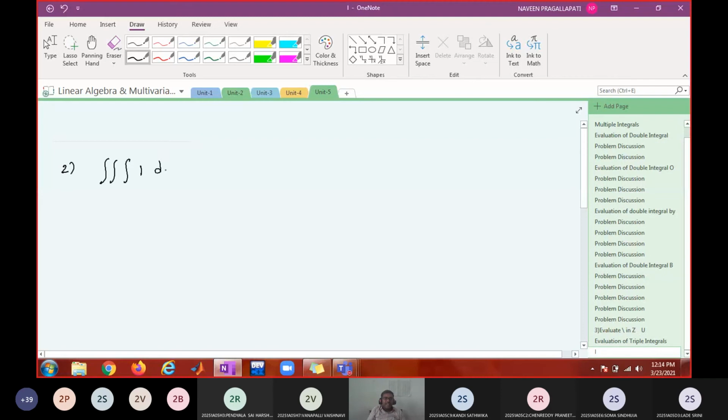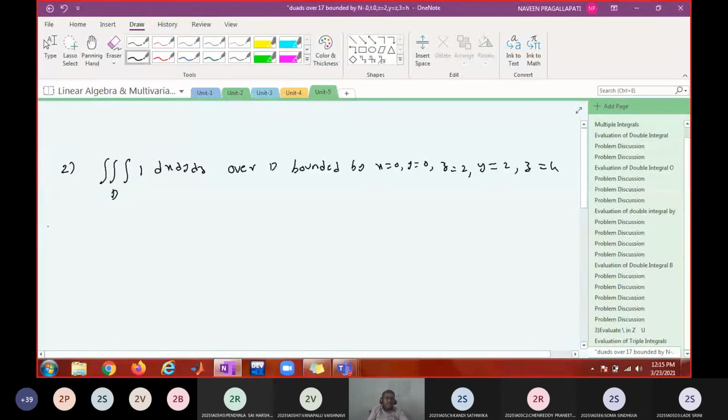Suppose it is like this, dx dy dz over D bounded by the same planes: x equal to 0, y equal to 0, z equal to 2, y equal to 2, z equal to 4. In that case, what answer will you get? The integrand is 1, dx dy dz. X varies from 0 to 2, y varies from 0 to 2, z varies from 2 to 4.